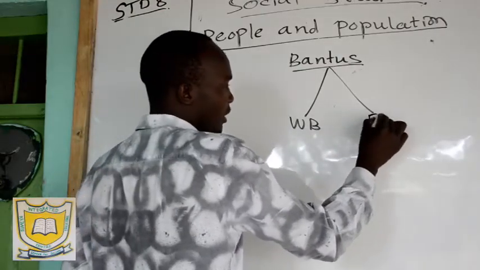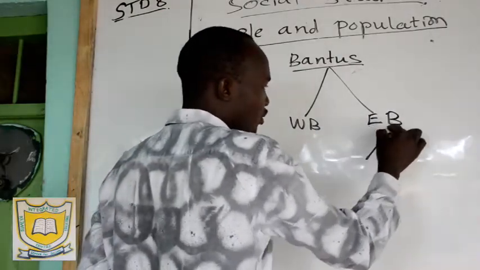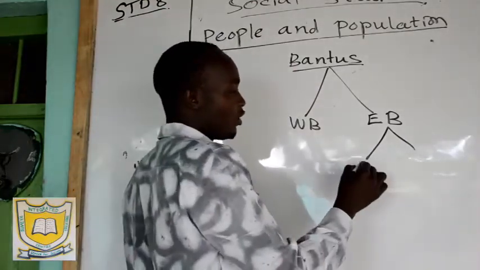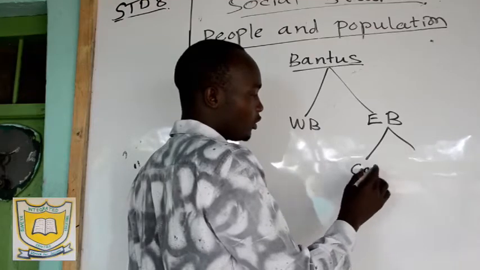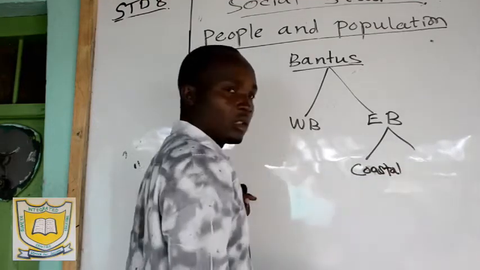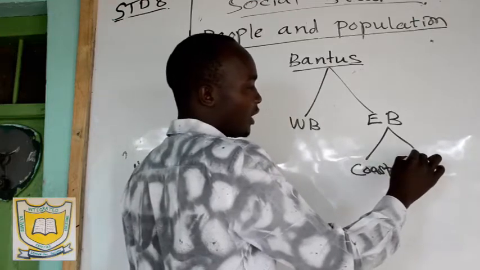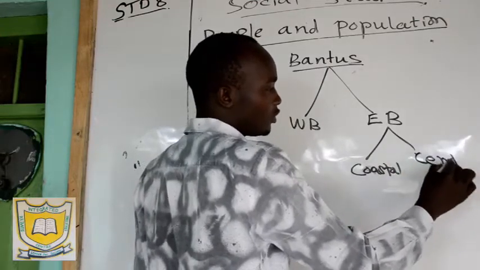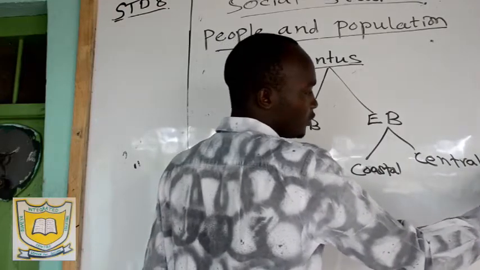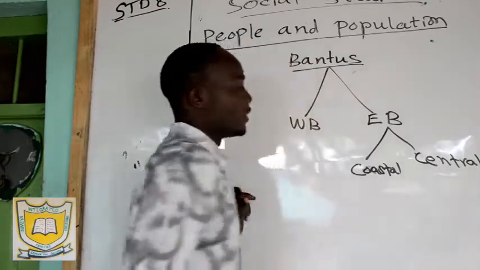Then we have Eastern Bantu, which are further divided into two. We have what we call the coastal Bantu, and then we also have the central Bantu. So these are the divisions of the Bantu.